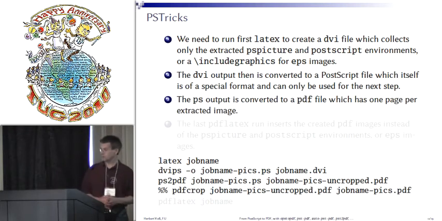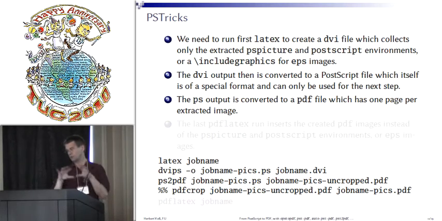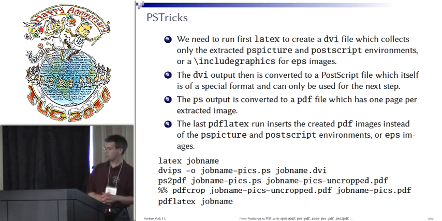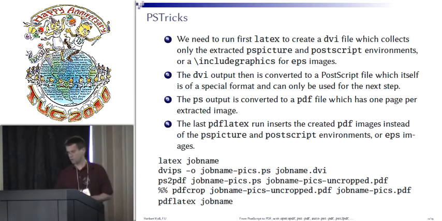And then we convert this file to PDF and have per page 1 image. This image can be cropped with a white space or a whole page. And then in the last PDF LaTeX run, the system inserts itself the images instead of running the code. Here you have 4 or 5 steps. You can use it here or you can use it not.